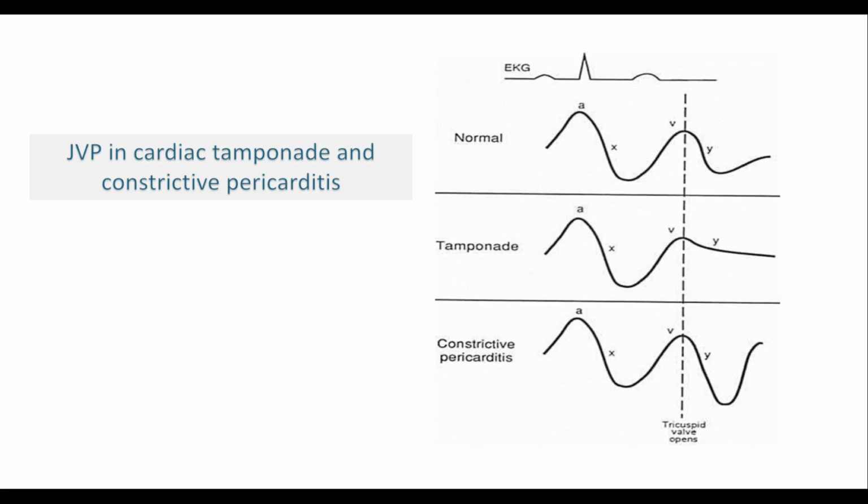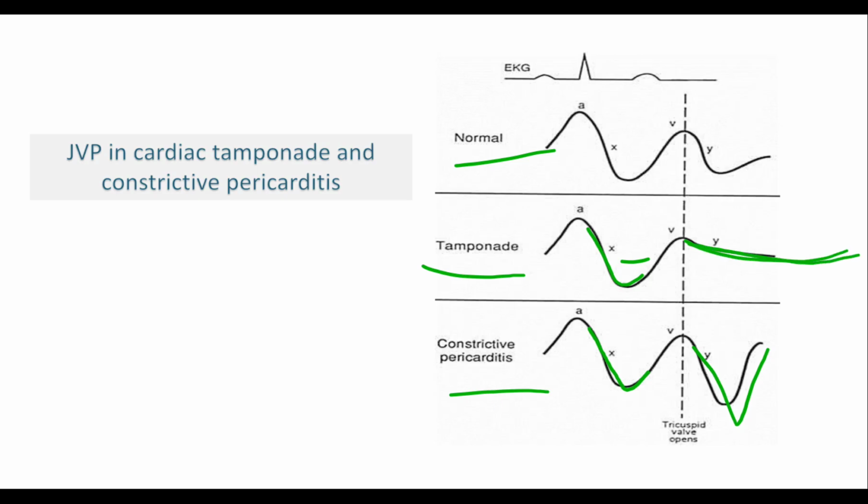So this I have just added an image so that you know what is happening in constrictive pericarditis as well as cardiac tamponade. So this is a normal JVP. In constrictive pericarditis, you can see that X and Y are more steeper and more rapid. In tamponade, what is happening? The X can be a little bit steeper, but Y is a bit absent.